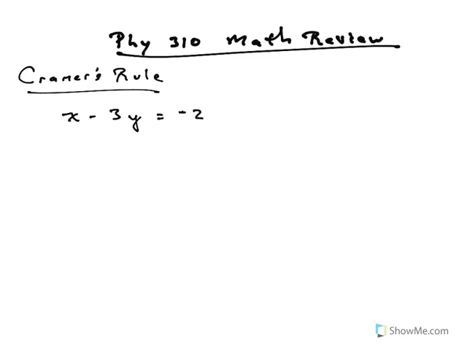Is that right? No. Let's make it negative 5. And then 2x plus 4y equals 10.